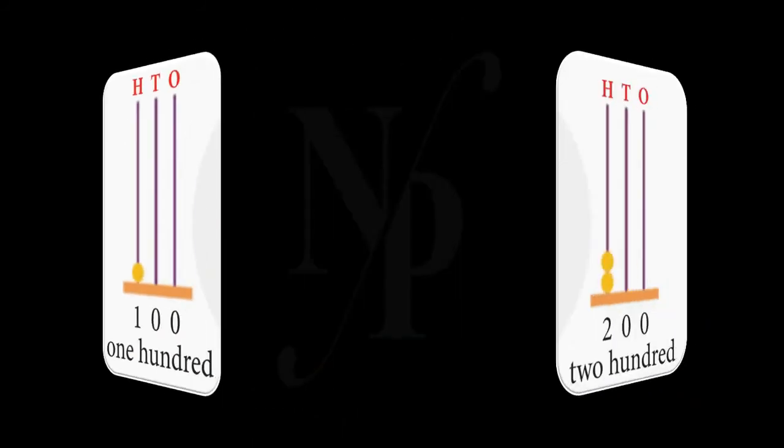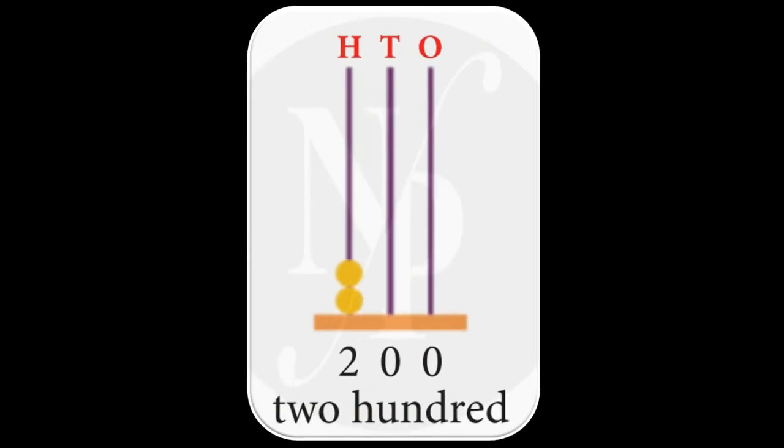Similarly, to represent 200, there should be 2 beads on hundreds rod and no beads on both tens rod and ones rod. Like this, we can continue representing numbers in hundreds.